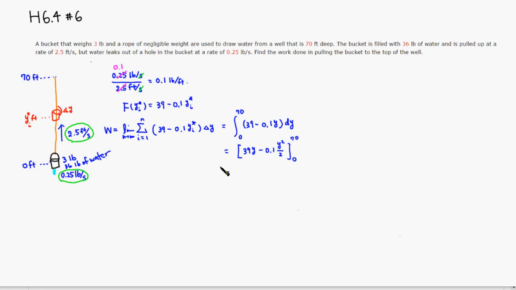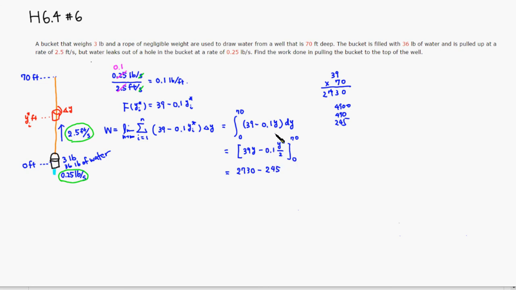So we plug in 70. 39 times 70 is 2,730. Minus 70 squared, which is 4,900, multiplied by 0.1 is 490, then divided by 2 is 245.